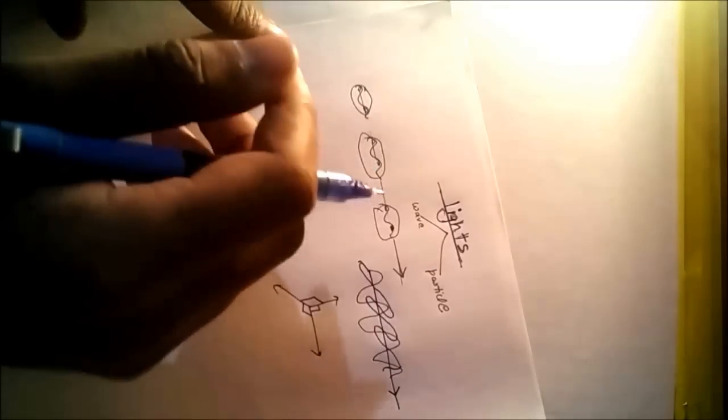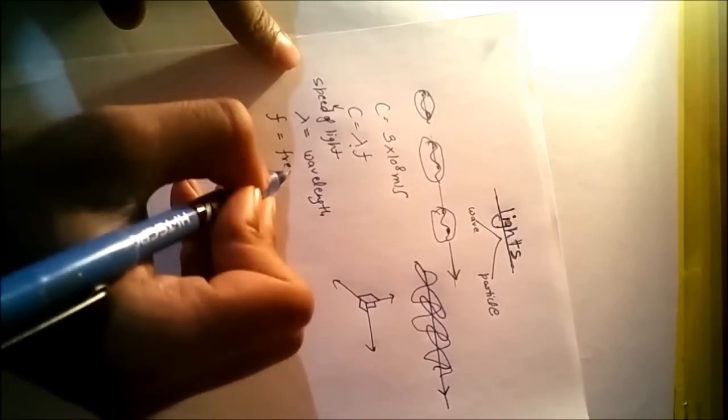Okay, and simple, c is equal to 3 into 10 to the power 8 meter per second, and c is equal to lambda into frequency. C is the speed of light, we all know, lambda is the wavelength, and frequency is the frequency.